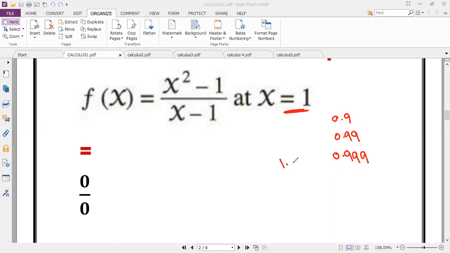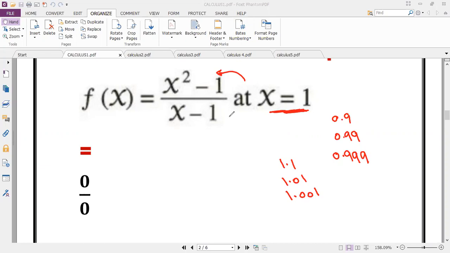Or 1.1, 1.01, 1.001. So we are going to take values close to 1, not equal to 1, because when we put 1 instead of x in this function, you will get 0/0, and 0/0 is unspecified quantity.